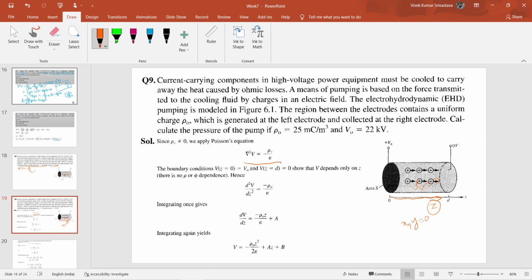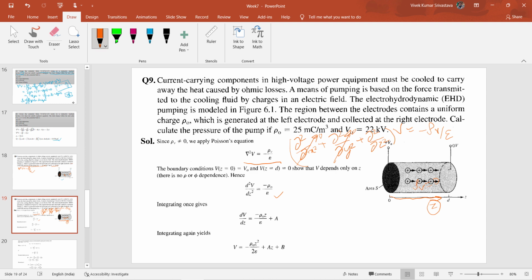Okay, so we can say that del square by del x square, del square by del y square, del square by del z square V is equal to minus rho v by epsilon. So there will be no variation along x and y, so that's why here we can directly write this equation as del square V by del z square is equal to minus rho v by epsilon.